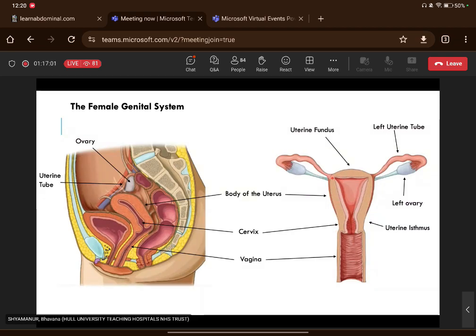The uterine ostium, or the cornu, is where the fallopian or uterine tubes open into the uterus, and above the level of the cornu, that part of the uterus is called the uterine fundus. And then bilateral paired ovaries on either side, which are in contact with the uterus by ovarian ligaments.